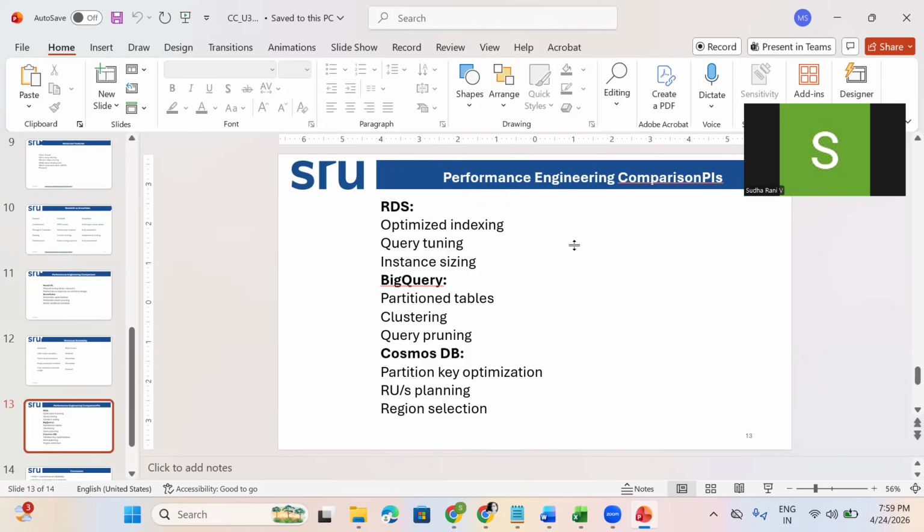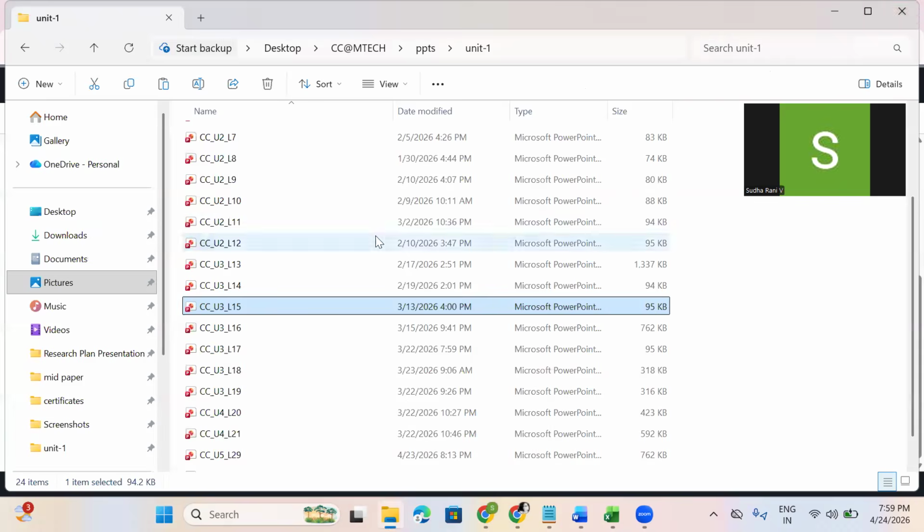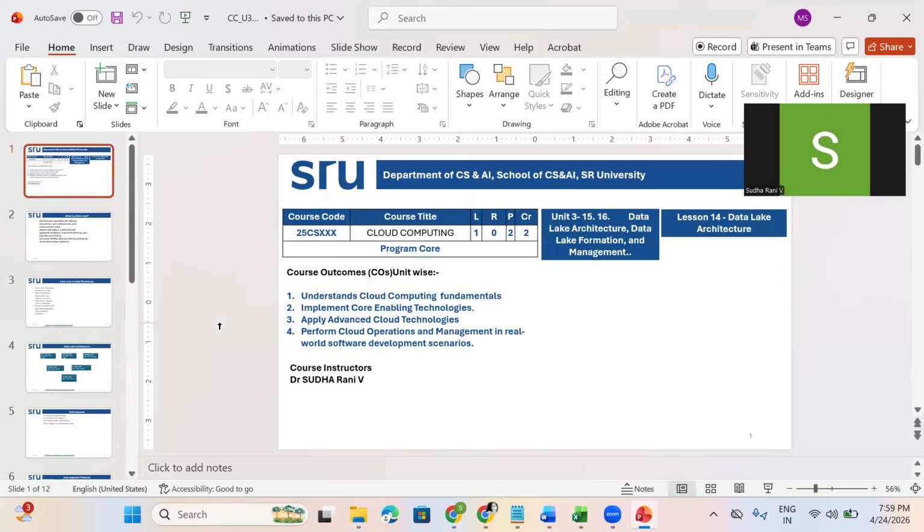Performance engineering comparisons: RDS optimized indexing, query tuning, instance sizing; BigQuery partitioned tables, clustering, query pruning; Cosmos DB. So this is some of the information about the data warehouse in cloud platforms.